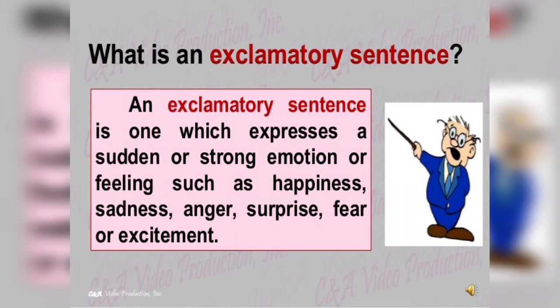By reading this, you come to know what exactly is an exclamatory sentence. It is a sudden expression of strong emotion or feeling such as happiness, sadness, anger, surprise, fear, or excitement.